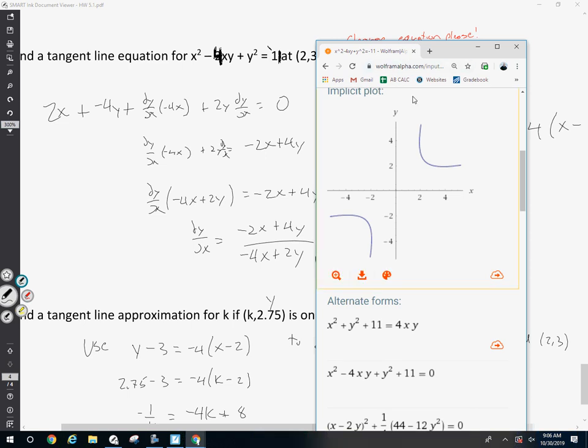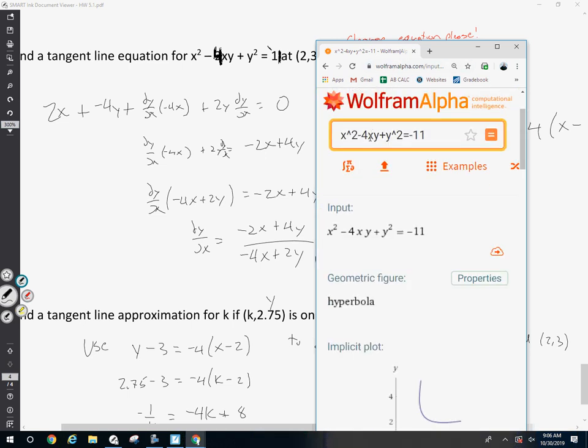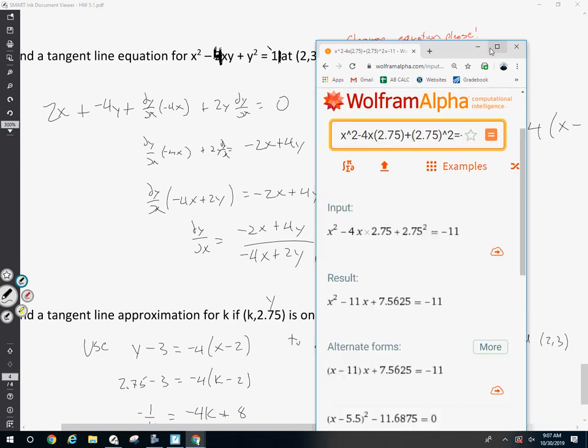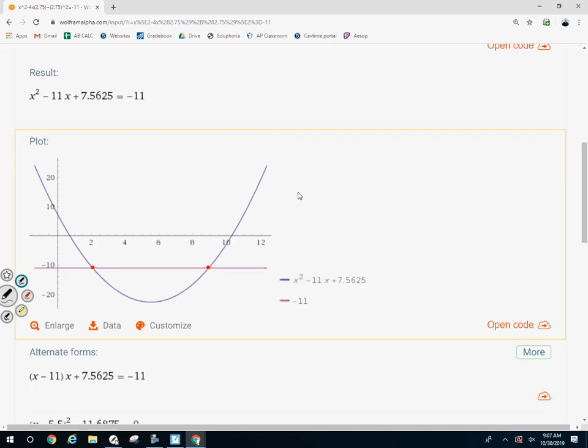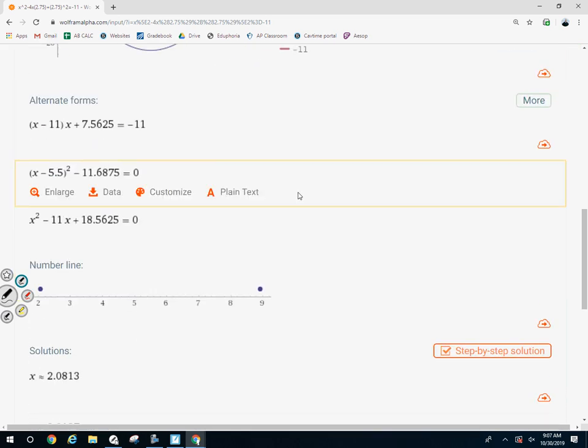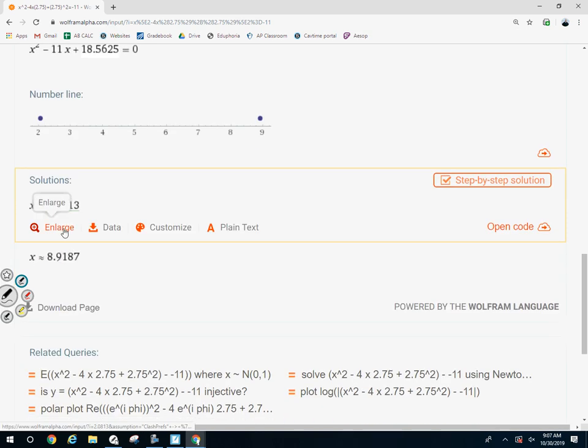And if I have a y coordinate of 2.75, I'm just going to have 1x. I could do this by hand, but this is just a little bit easier. I get 2.0813 or 8.9187.